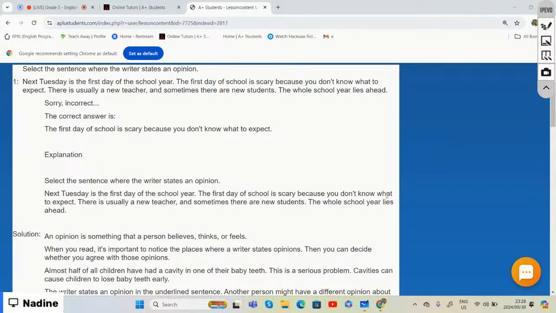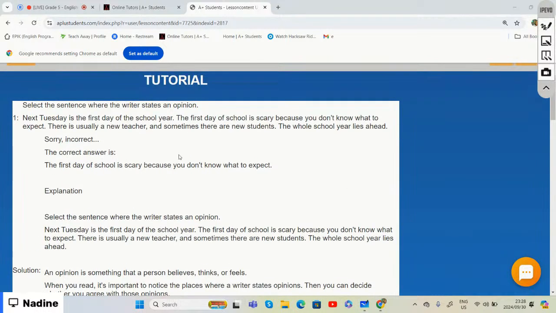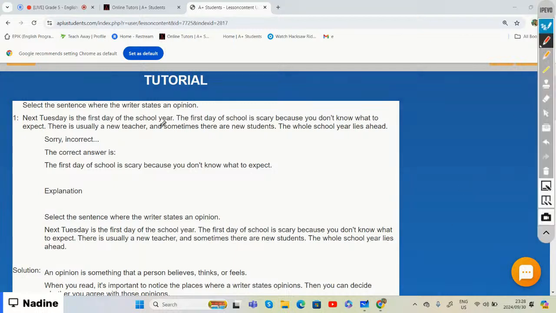And if we were to identify what the author's opinion is, right? So once again, it says next Tuesday is the first day of the school year. The first day of school is scary because you don't know what to expect.